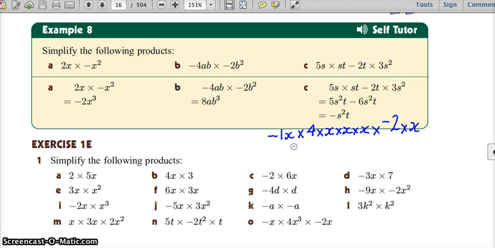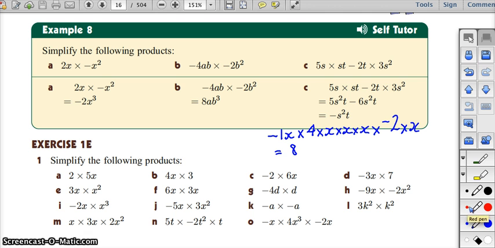We've got negative 1 times 4 times negative 2. Just like reading a book, isn't it? You work from left to right. Negative 1 times 4, negative 4 times negative 2 is 8.